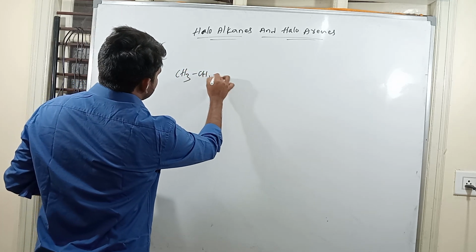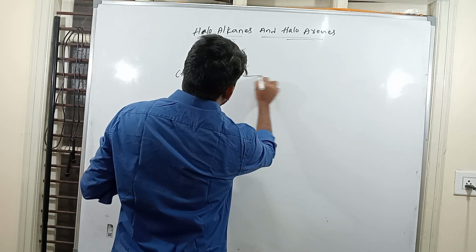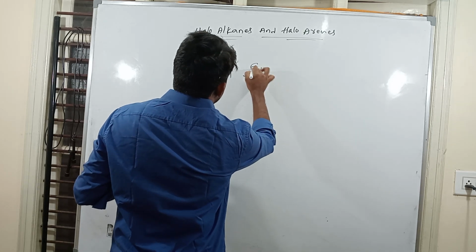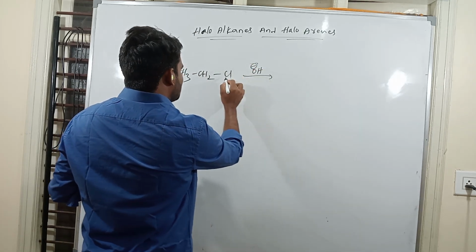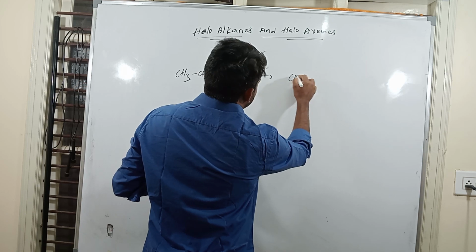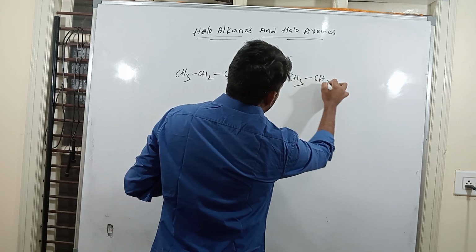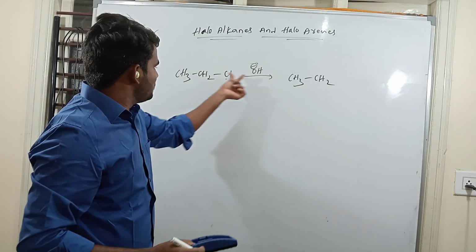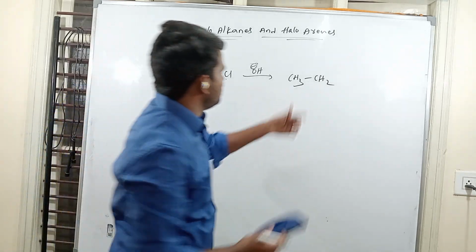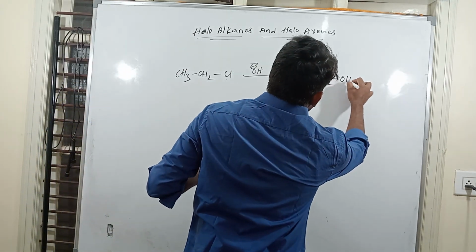CH3CH2Cl reacts with OH minus. This is the nucleophile; OH minus replaces the Cl. One nucleophile replaces another nucleophile, which is a nucleophilic substitution reaction.